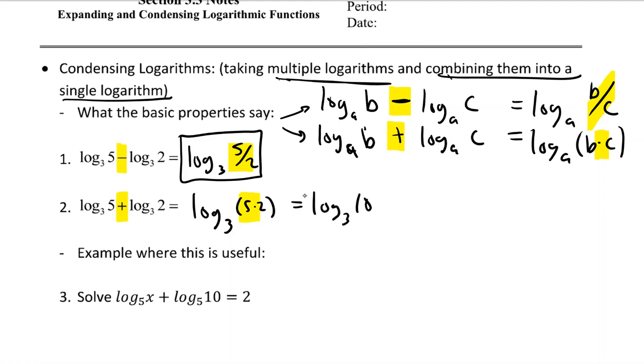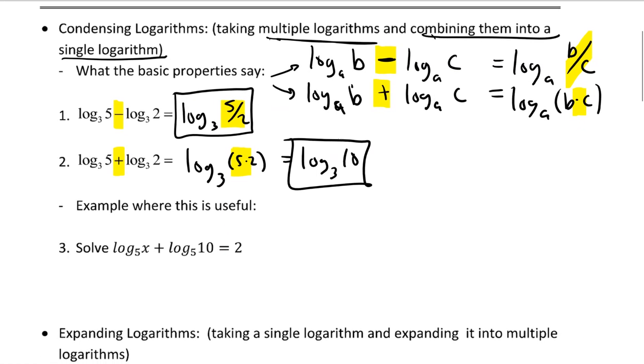But of course, we know what 5 times 2 is, so let's just go ahead and change that to 10. So again, there's a few small things about how we want to write our answers, but really that's all the properties say. Subtraction between multiple logarithms condenses into division. Addition between multiple logarithms condenses into multiplication. If you know those two, those are the only two ways you can condense.